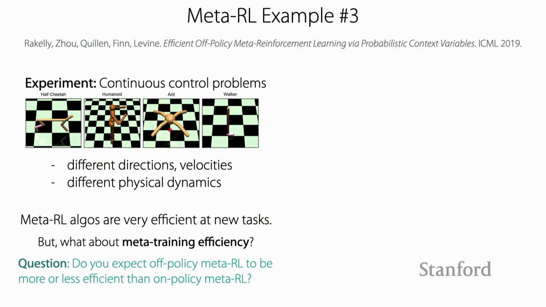And so as a question, hopefully this should be a straightforward question. If your base algorithm for updating the policy at step 4 is an off policy algorithm, do you expect that to be more or less efficient than if you used an on policy base method?